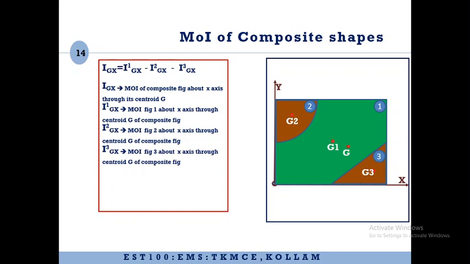In a similar fashion, we can also write an equation for IGy. So IGy will be IGy of 1 minus IGy of 2 minus IGy of 3. So let us try to find out these three components now.